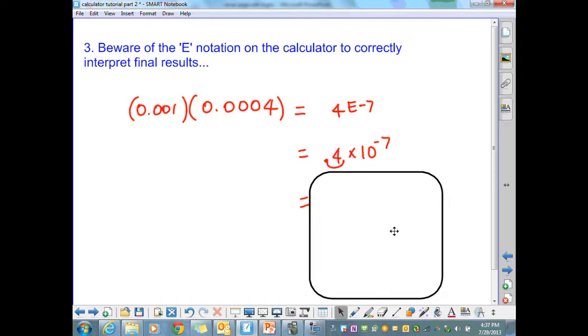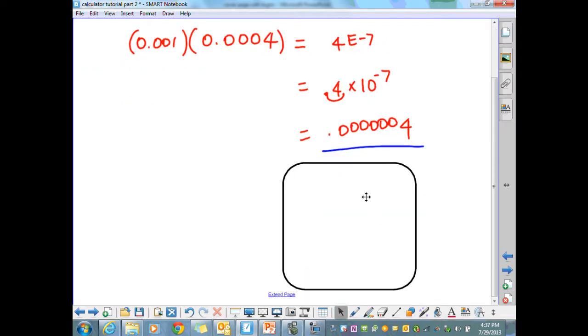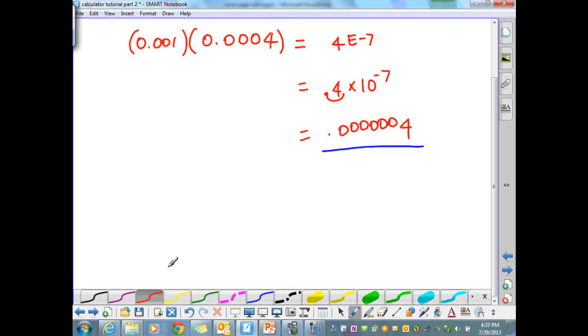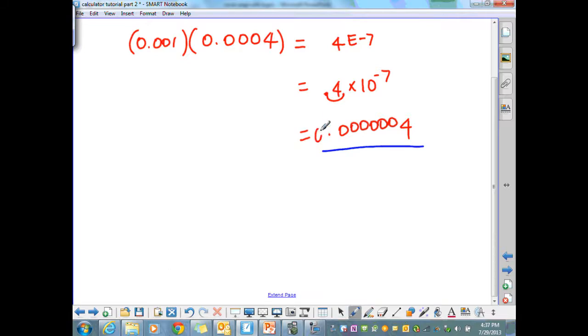So we're going to have 6 zeros and a 4. And in some cases, to be super careful before the decimal, you may also want to indicate technically this is 0 point. And then you have 6 zeros and a 4. So be careful with the E notation. Always look all the way to the end of your expression and interpret it correctly.